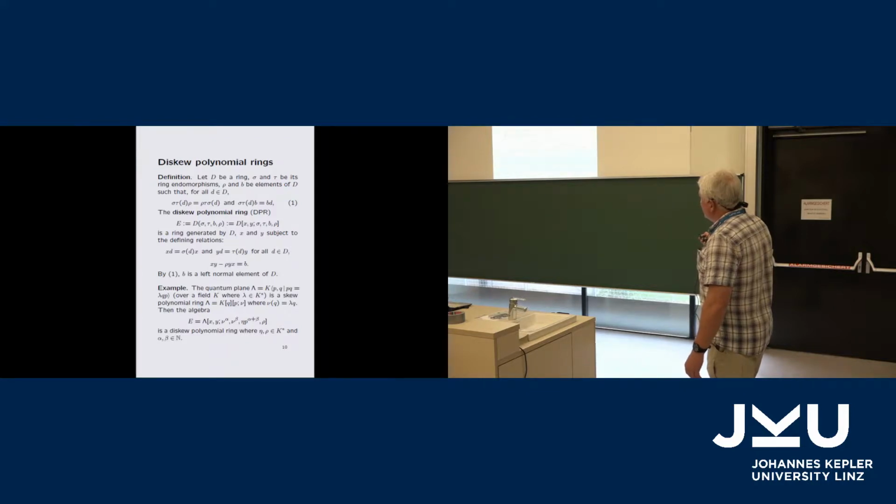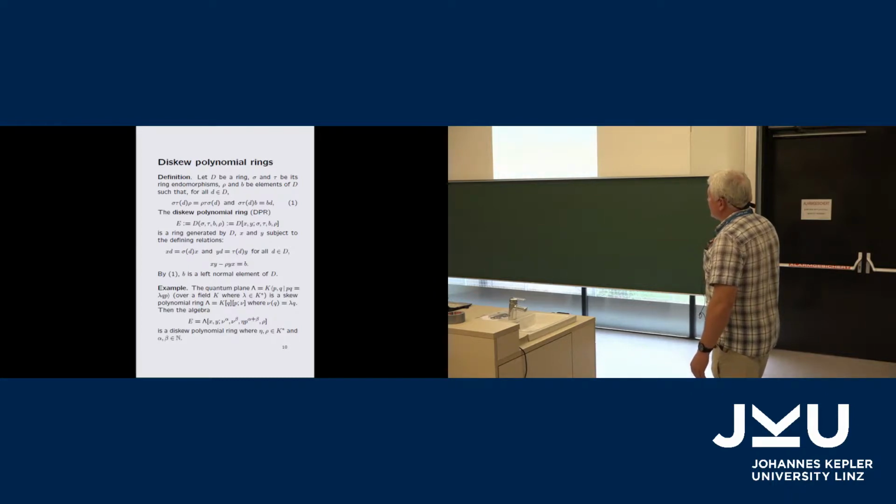So you add to D 2 variables, x and y, and the relations are the following. Two relations as for generalized Weyl algebras: when we move D past x it is twisted by sigma, and y twists elements of D by tau, and there is a relation like that.